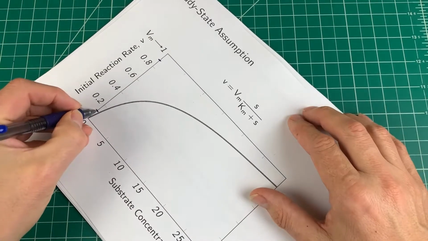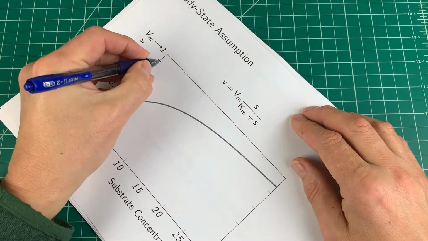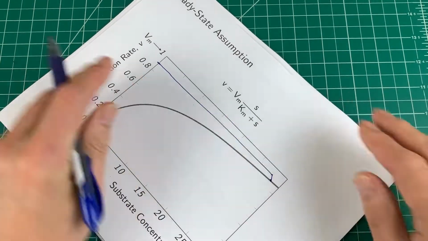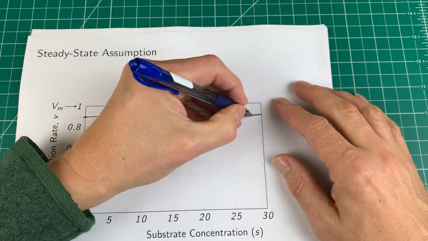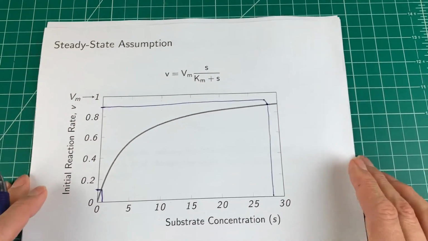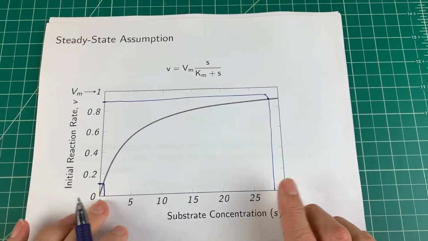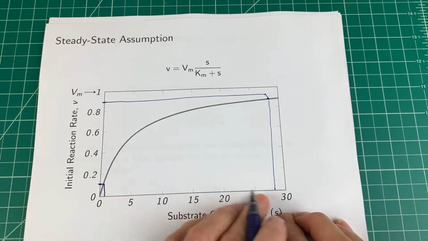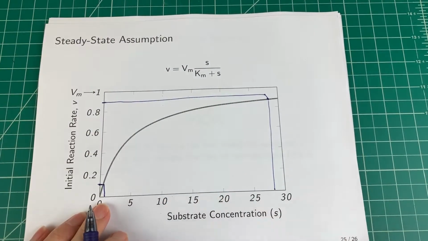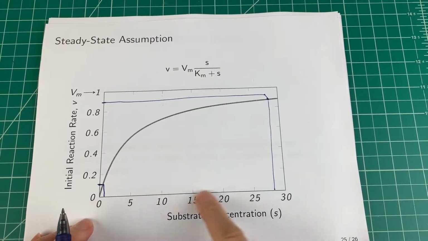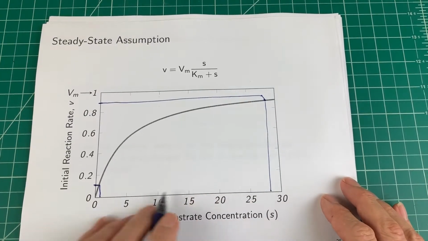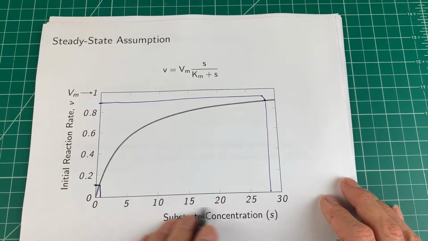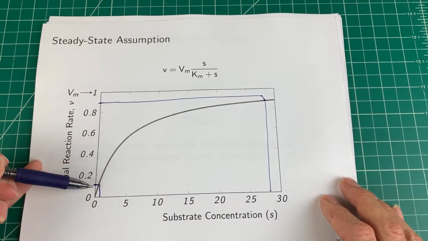If I pull a line there and a line here, and drop down a line, these two lines are at 10% and 90% of the reaction rate. These are the substrate levels at those 10% and 90%. So what's the fold change going from here to here? This is about 28, and this is maybe about 1, so the fold change would be 28. I want to know what that change is, given we move from 10% to 90%.